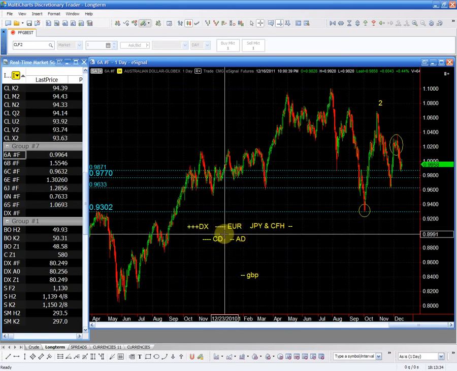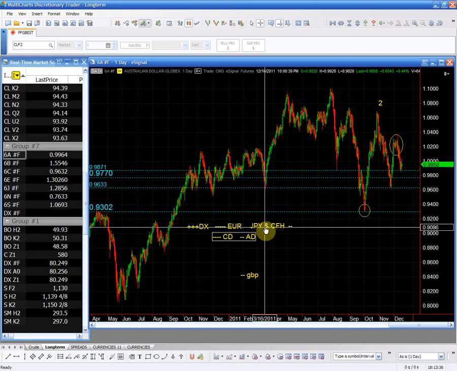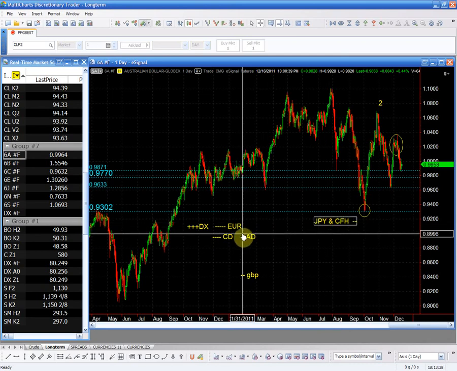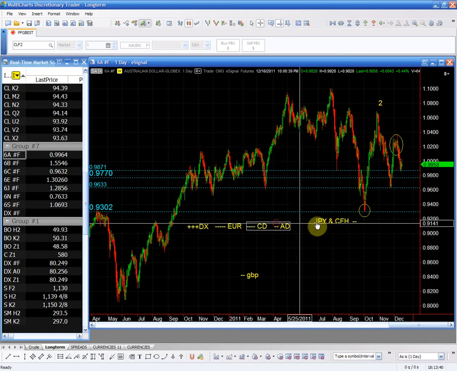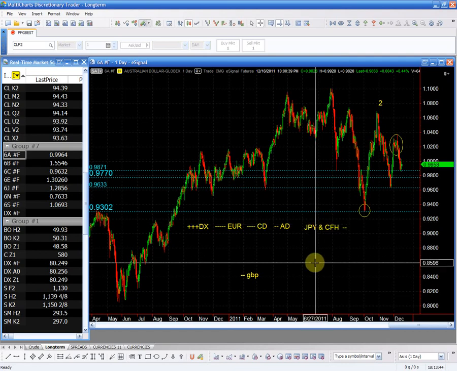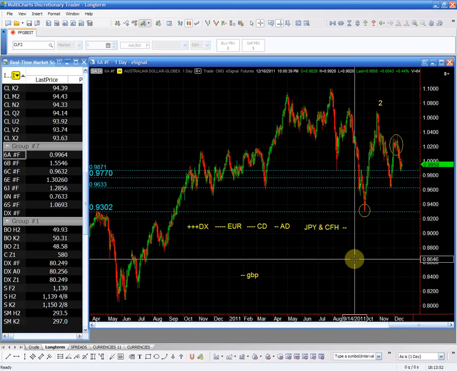So that's the sequence right there. First we're going short the euro dollar, going long the dollar CAD, going short the Aussie dollar, going long the dollar yen, and going long the dollar Swiss.